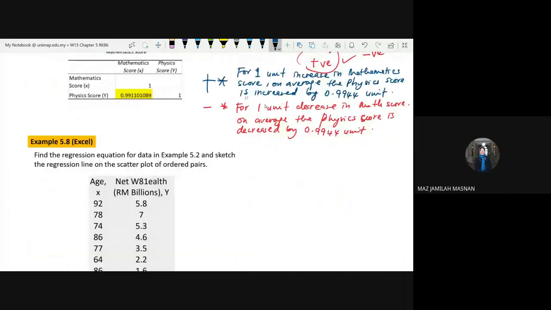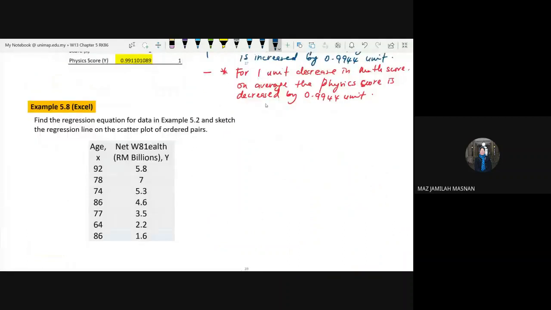No questions, okay. So let us look at example 5.8 on page 178. Find the regression equation for data in example 5.2. So we are talking about age and net worth just now.